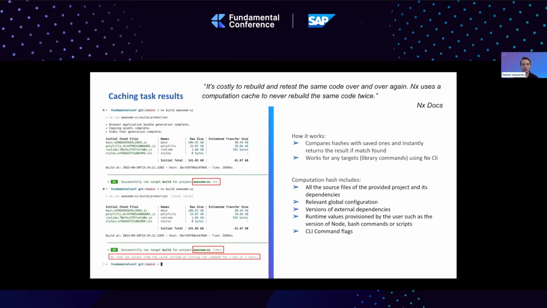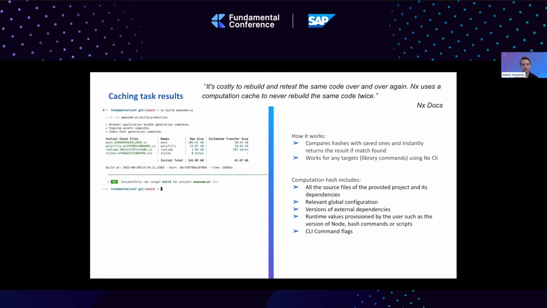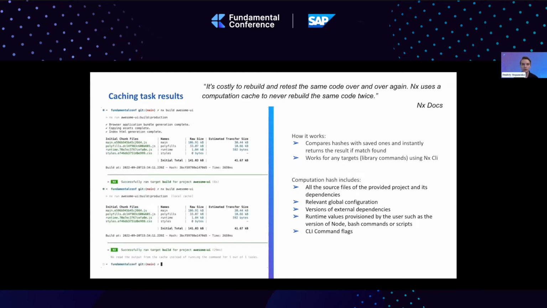Nx attempts to consider every aspect of running a task to make sure the cache is valid. So by default, the computation cache includes all the source files of the library and its dependencies. So whenever any file within your lib has been changed, the computation hash will be different and you won't get cached results that are invalid.